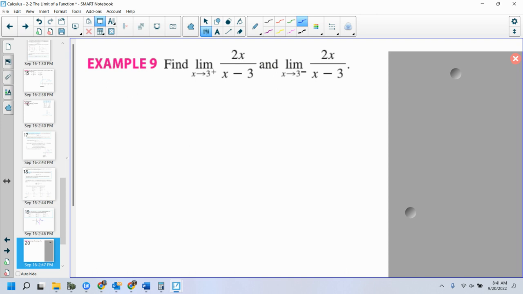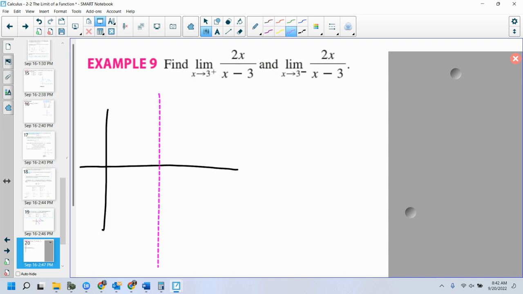If I were to ask you to graph this, 2x over x minus 3, the best thing you could do is plug and chug and run numbers. That's what we're going to do here as well, just to see how it behaves at 3. If I graph this, I'm going to see something at 3. Do I know whether it's going to dive up or down on the left, or up or down on the right?